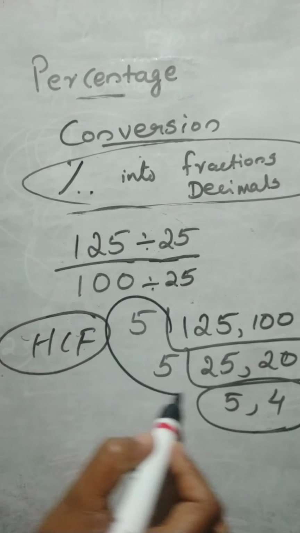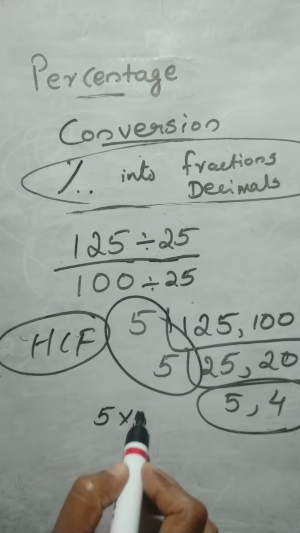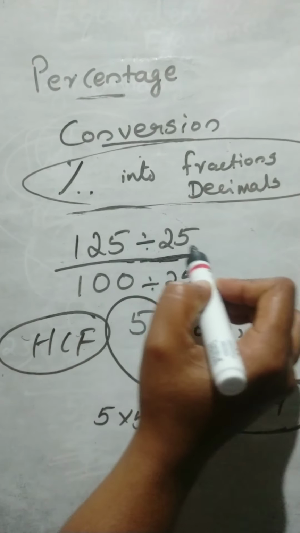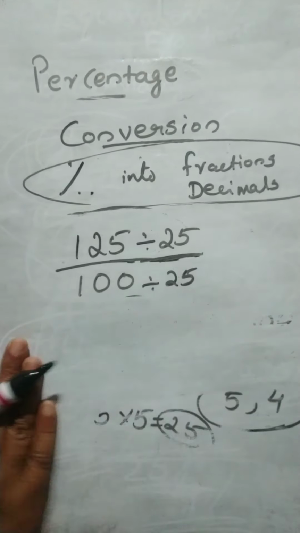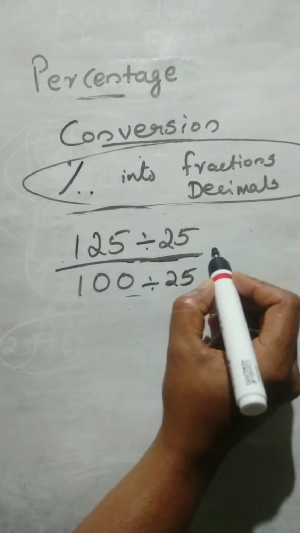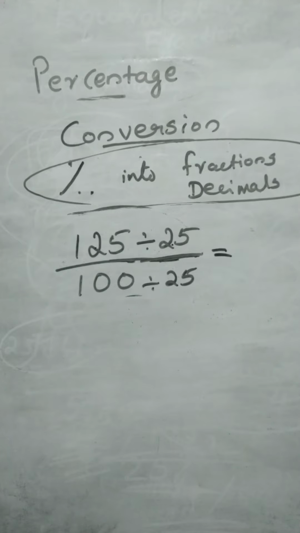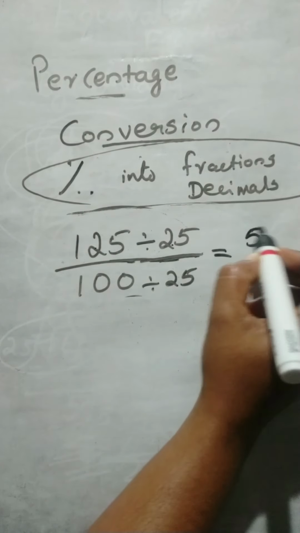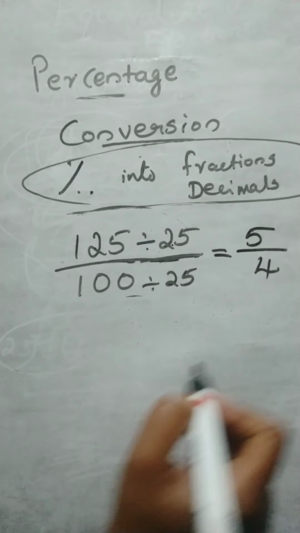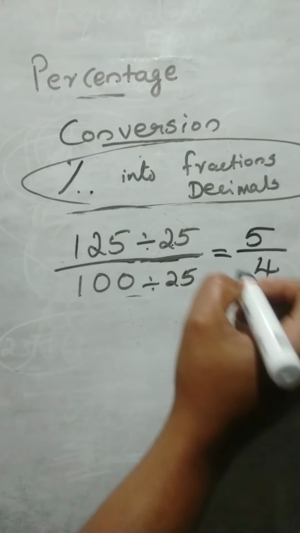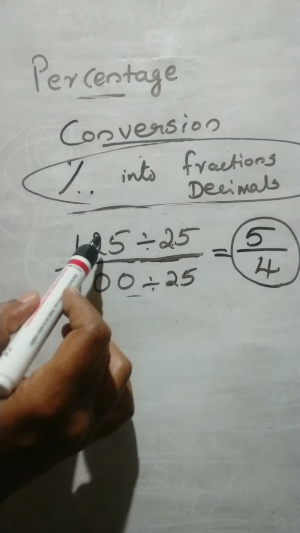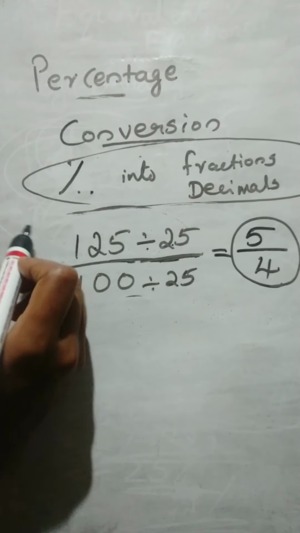So 5 times 5 is equal to 25. Okay, this 25 is dividing here. By using this 25, we can divide this 125 and 100. Okay, how many 25s are there in 125? 5. Then 100 divided by 25, that is 4. So we can say 5 on 4 is the fractional form of 125 percentage.